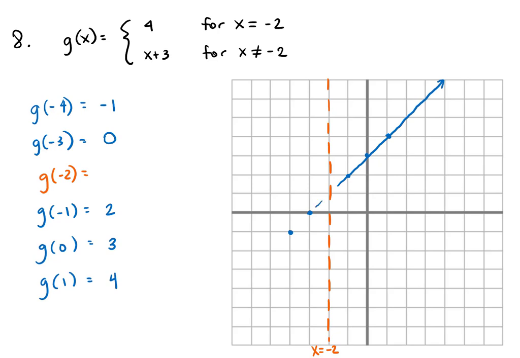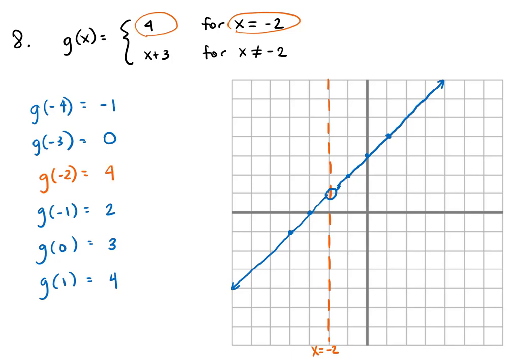And we know that that would be a line everywhere else. What happens right here on that dashed line? We're going to put an open circle, because on that dashed line it does not have that value of +1. What value does it have? Well, at g of -2, we're going to go with our first domain, and so we're going to go with that first function, which says 4.